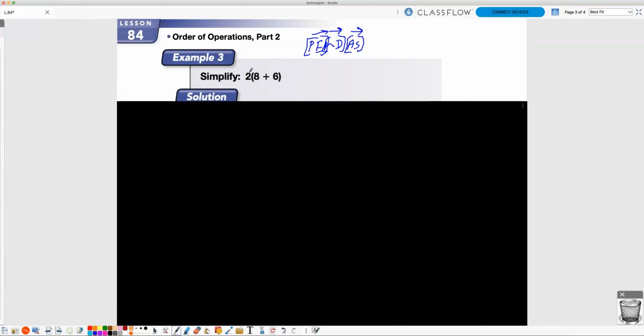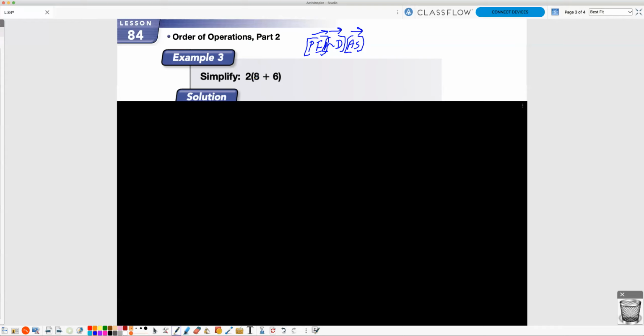What does that mean? Anytime you have a parenthesis next to a number, that means this number times whatever's on the inside of the parentheses. Because we have to do the parentheses first, we have 8 plus 6. You see how parentheses and exponents are always first?